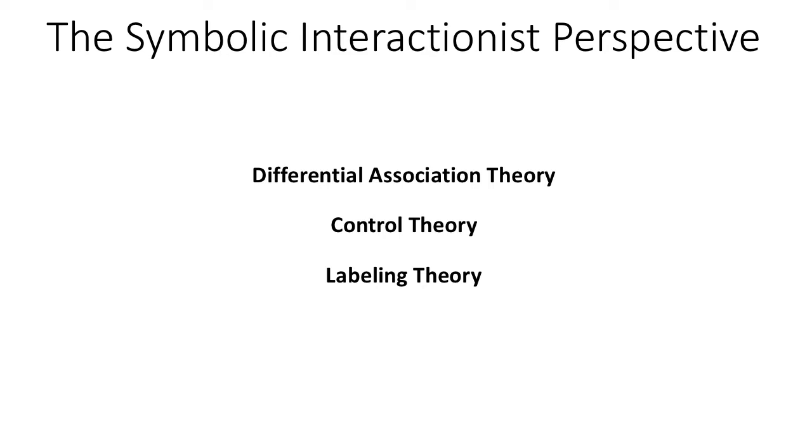One of them is called differential association theory. We are also going to learn a little bit about something called control theory. And then we are also going to talk about labeling theory, which I think I mentioned to you when we were looking at Goffman and talking about stigma.